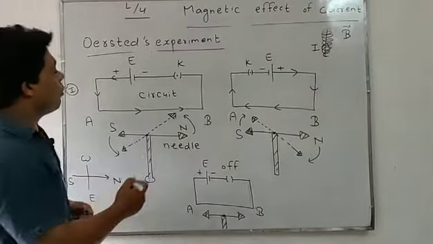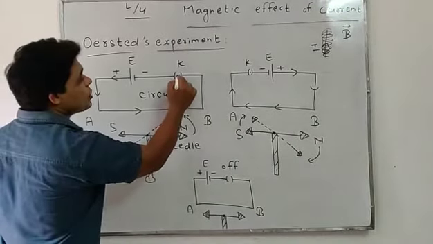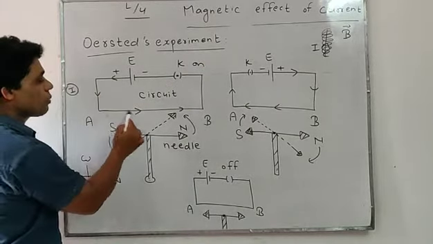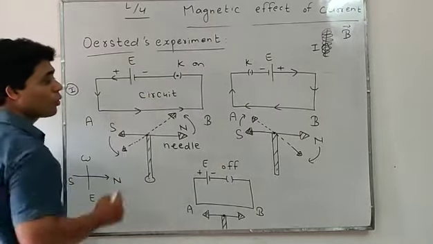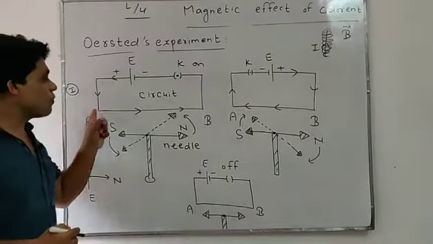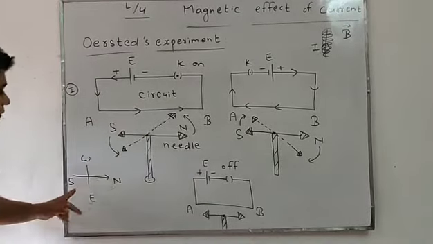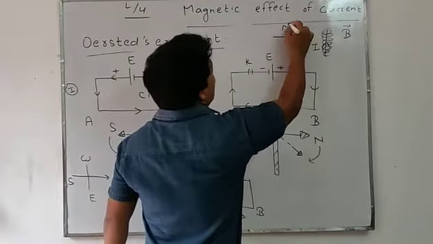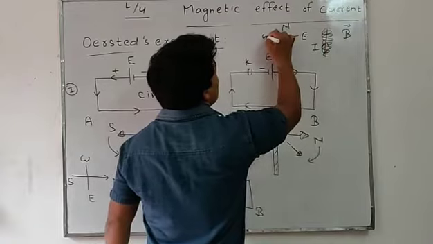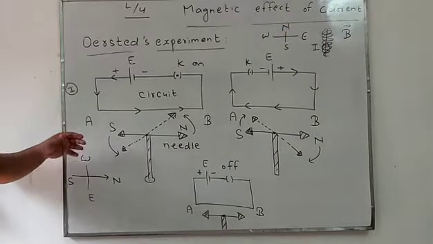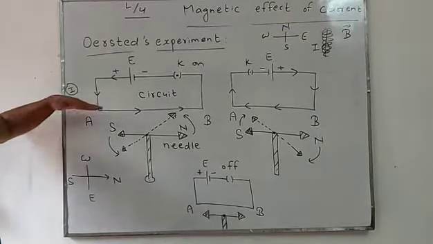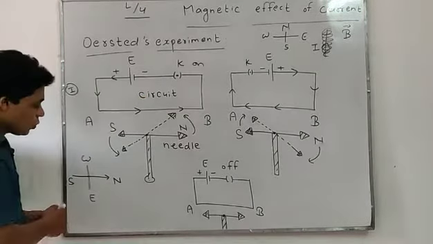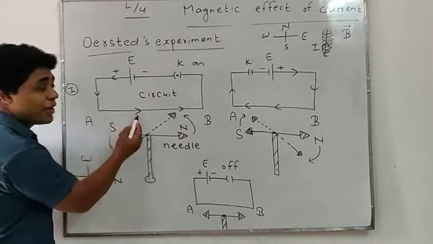When the switch K is on, current flows from positive terminal to negative terminal. The direction of current is from A to B. In other words, we can mark the directions north, south, east and west along this wire.